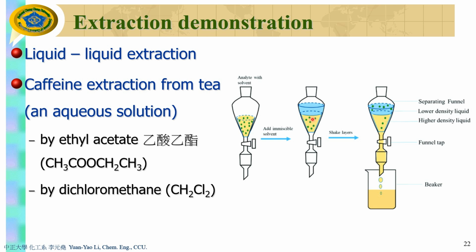The material in this layer will come out to this layer, and you can take it out using the beaker. Then you have a mixture of C and B, and you can use distillation to separate B and C.